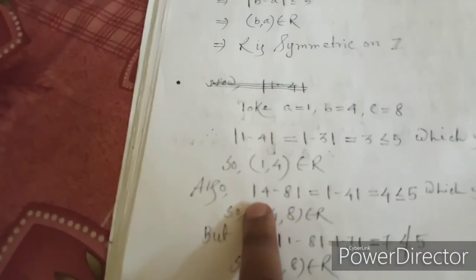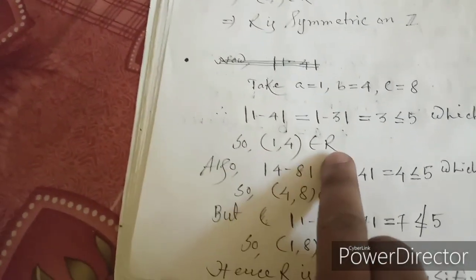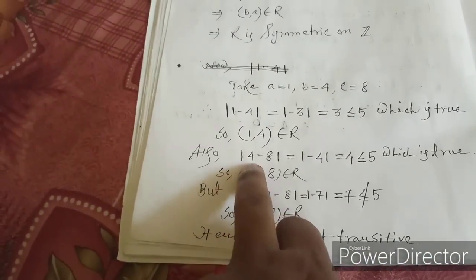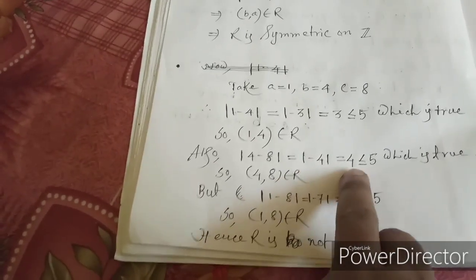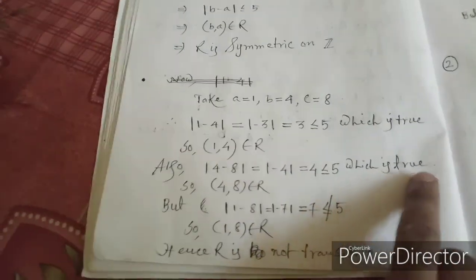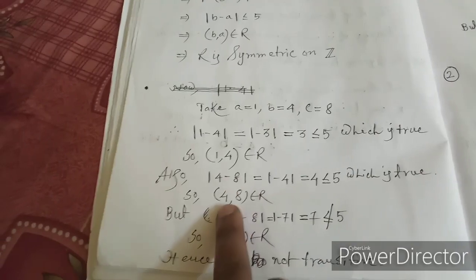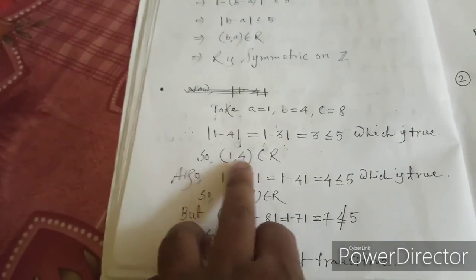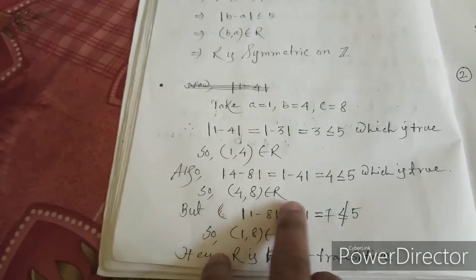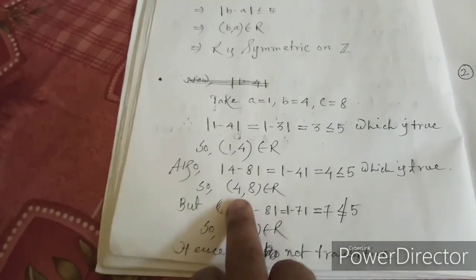So by the definition of the relation R, (1, 4) belongs to R. Similarly, if we take |4 - 8|, that is equal to |-4|, that is equal to 4, and 4 is less than or equal to 5, which is true. So (4, 8) belongs to R. Look at that, (1, 4) belongs to R and (4, 8) belongs to R. That 4 and that 4 are equal.